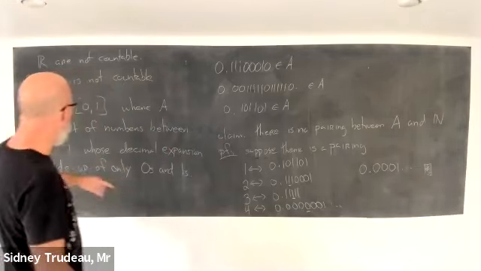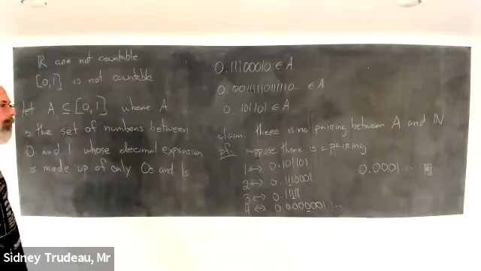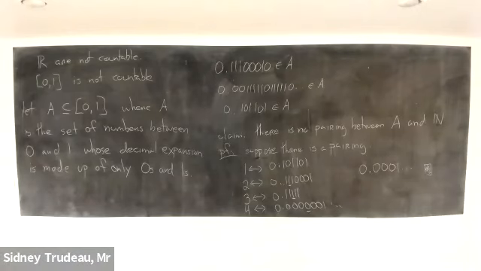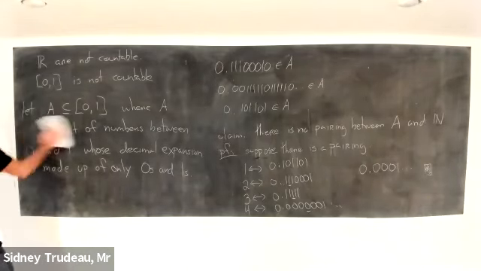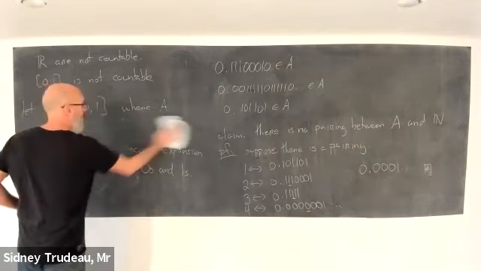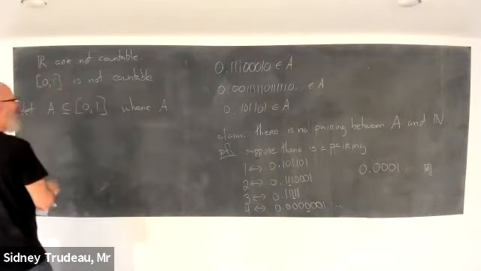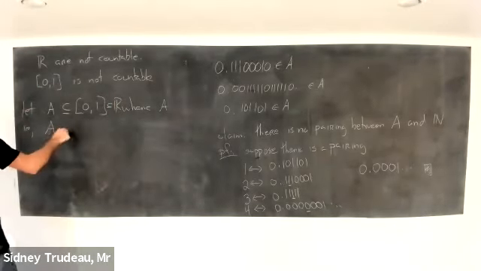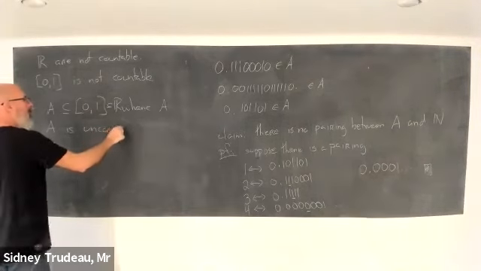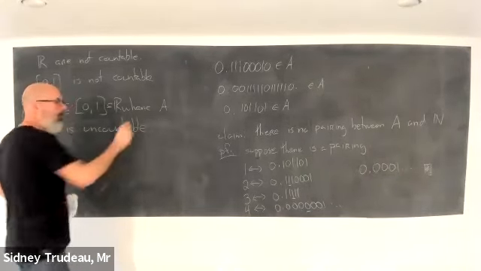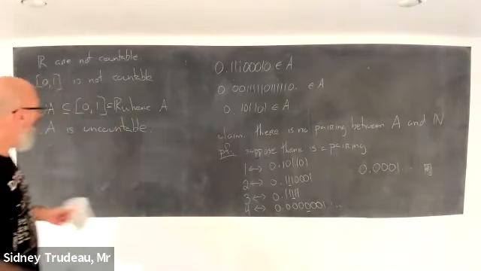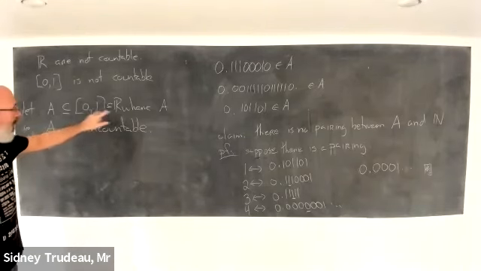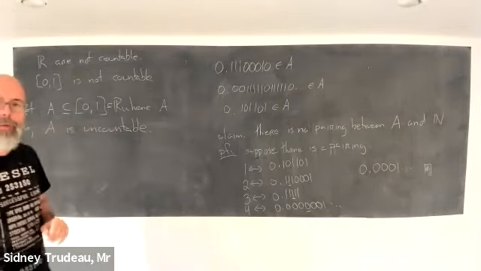So this A is uncountable. It is uncountable. And of course, this bigger set is uncountable as well, and this bigger one is uncountable as well.